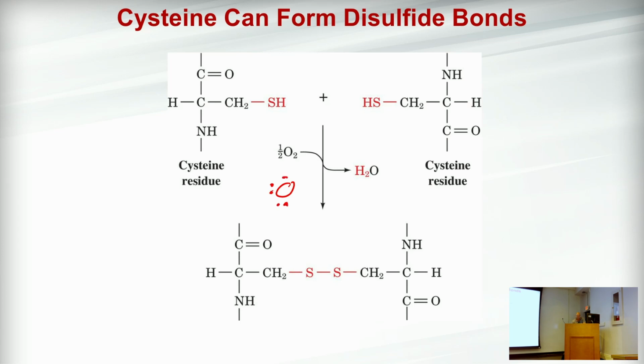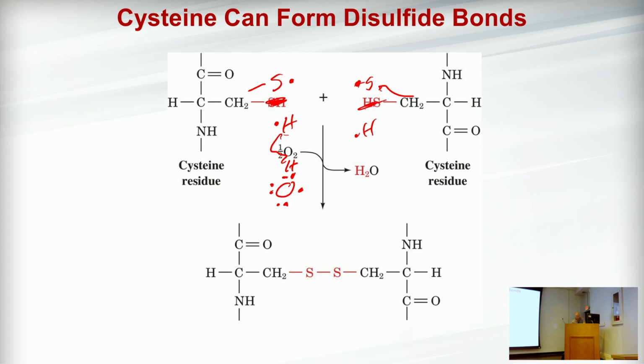How many electrons does it have? 6. We can draw it like that. And so you can imagine that if it took an electron here, and maybe took an electron with a proton, I'm going to redraw it like that. So now I have an S dot maybe. And then I take another proton and an electron, and I have another S dot.